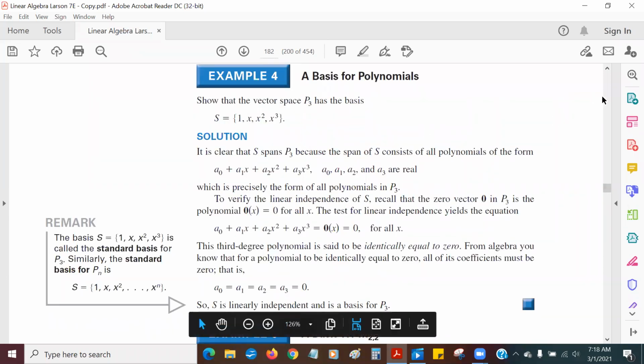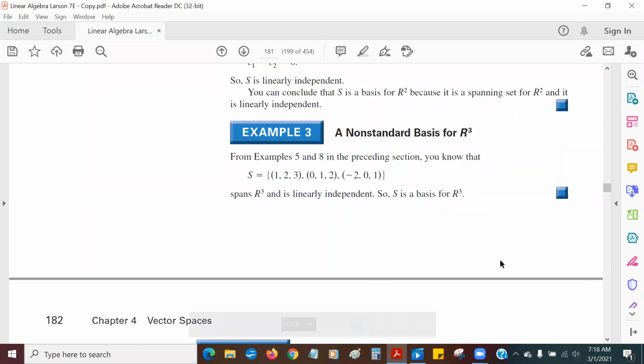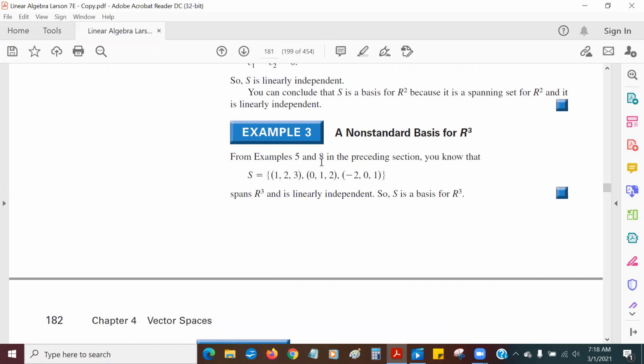Well, we have actually done this already, because we've shown from previous examples of the previous section, in example 5 and example A, that this set of vectors does span all of R3 and is linearly independent. So this is indeed a basis for R3.